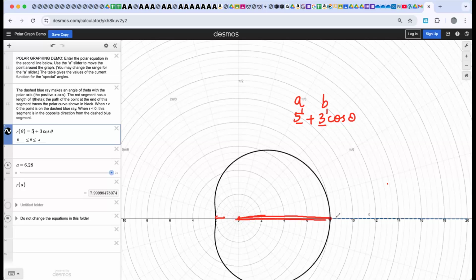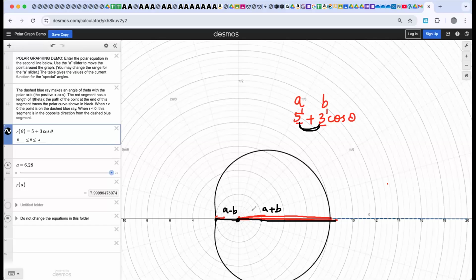Here it's a little different. 5 plus 3, 8. And this left side, guys, we need to be a little bit clear. This is your distance from the pole to the right side. Whereas what is this left side? You subtract 5 and 3, and this becomes your left side. This is A minus B, this is A plus B. This is in case of a dimpled limacon.